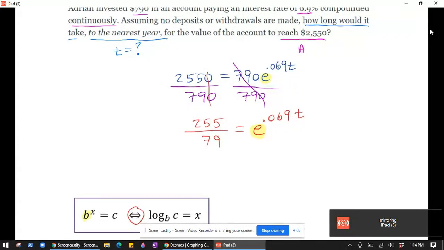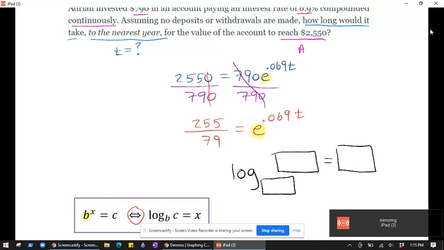Okay, so I write down log base something is equal to something. And I read this equation. E to the 0.069t is equal to 255 over 79.